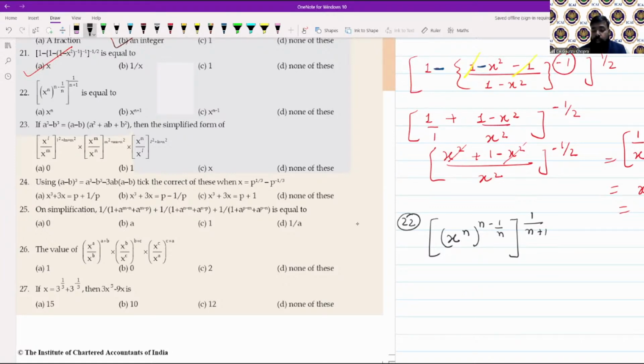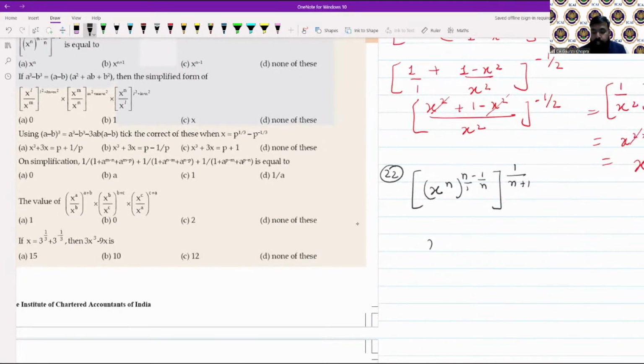Now, first we have to take the LCM in power. So we can take x to the power of n multiplied by LCM, which is n. So it becomes n square minus 1, and again the power 1 upon n plus 1.